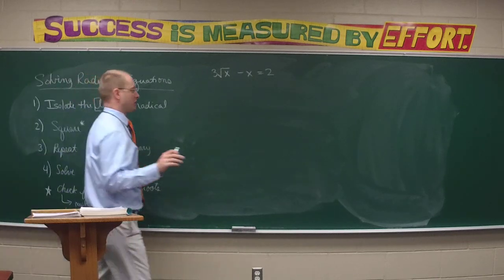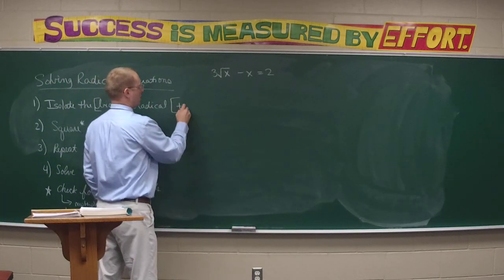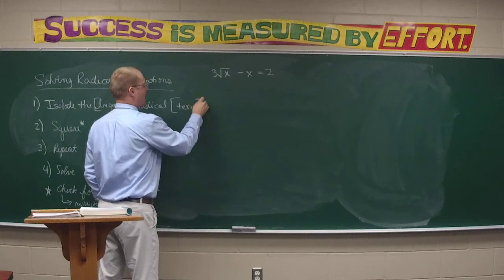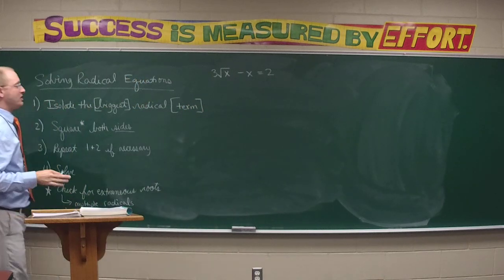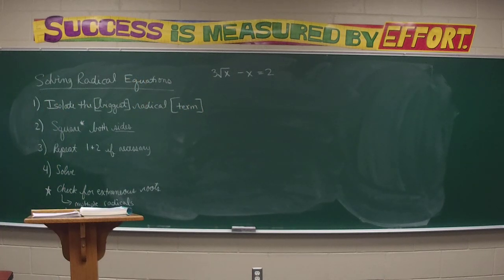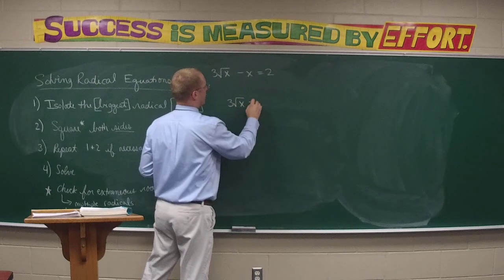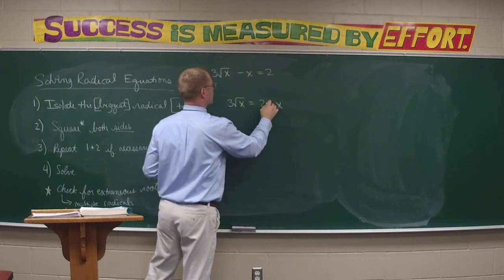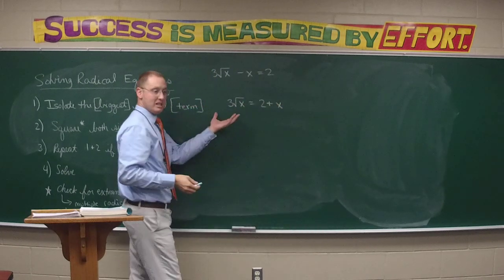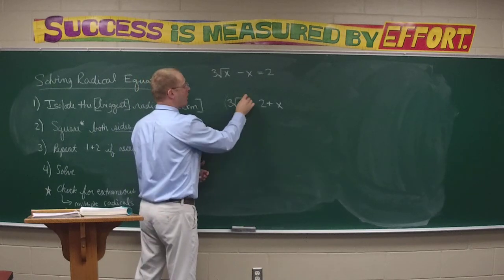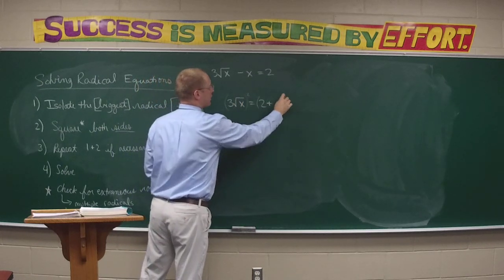So here's what I'm going to suggest. There are times where it is advantageous for you to simply isolate the radical term. Here's one of those cases, where I'm going to move the x over as a positive, and now that the whole term is isolated, I'm going to go ahead and square both sides.